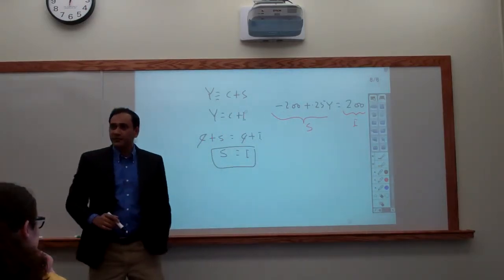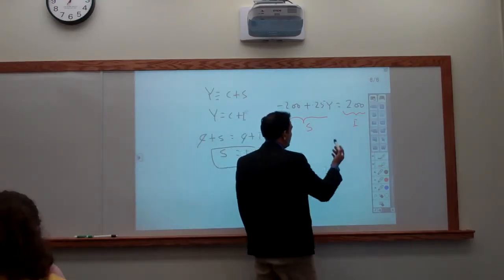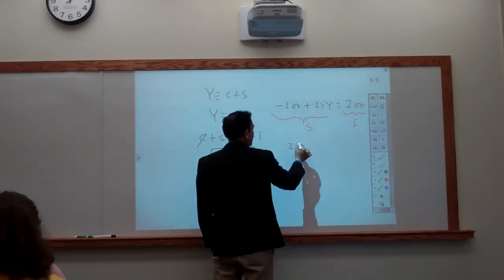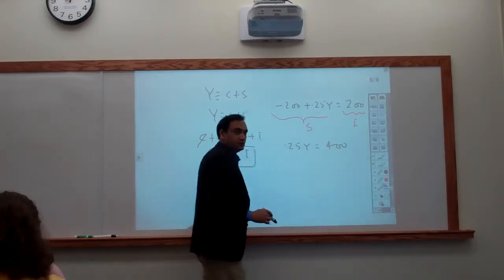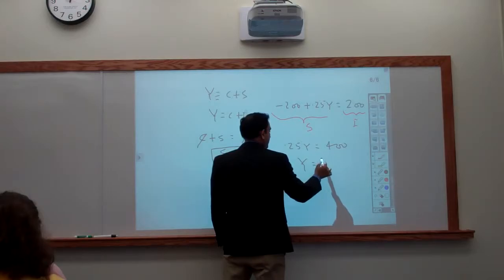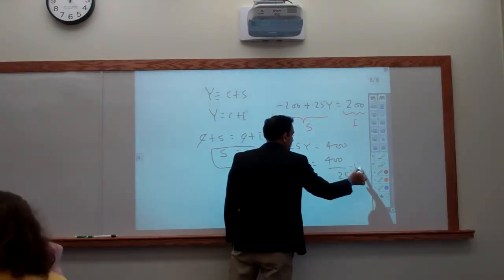So you are setting them equal, and then you have only one unknown, which is y. Solve for that. So you get 0.25y equals 400. Negative 200 goes to that side. And then you divide by 0.25, and you get the same answer, 1600.